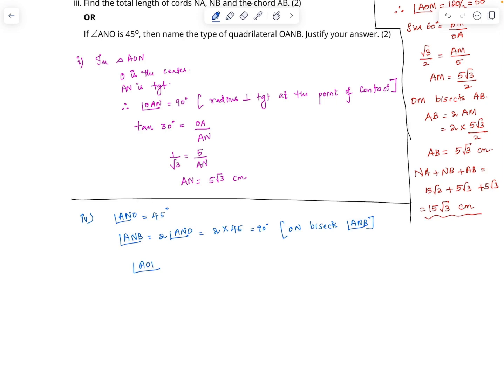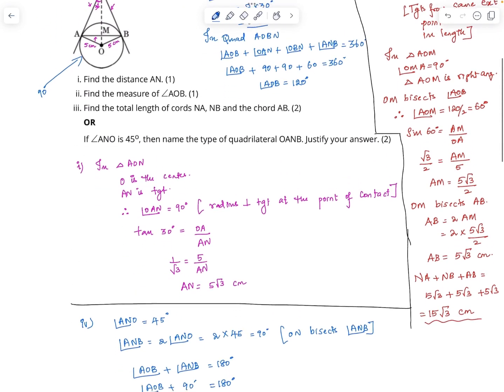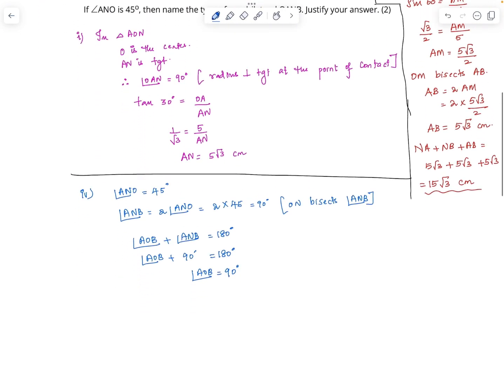Angle AOB plus angle ANB is 180. Angle AOB plus 90 is 180. So angle AOB is 90 degree. And the angles at A and B, that is OAN and OBN, they are also 90 degree.